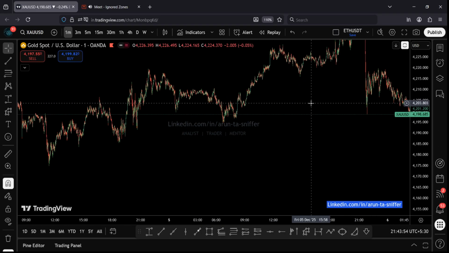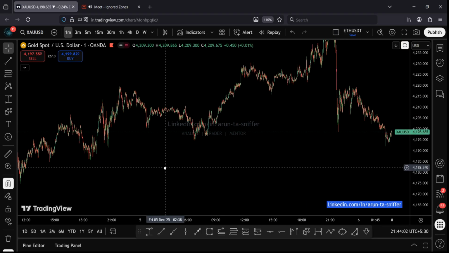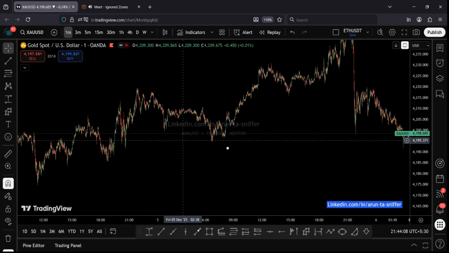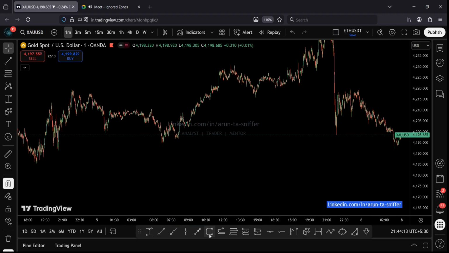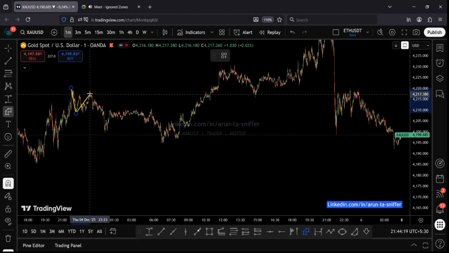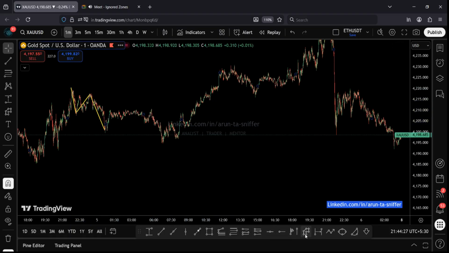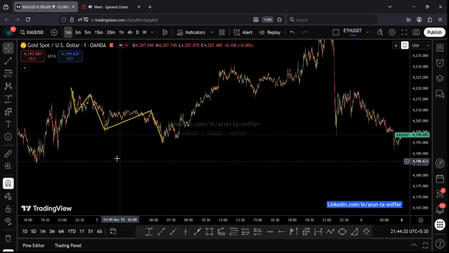Let's find some more. This one, look at this. First drive, second drive, second drive till here. And then this is third drive.